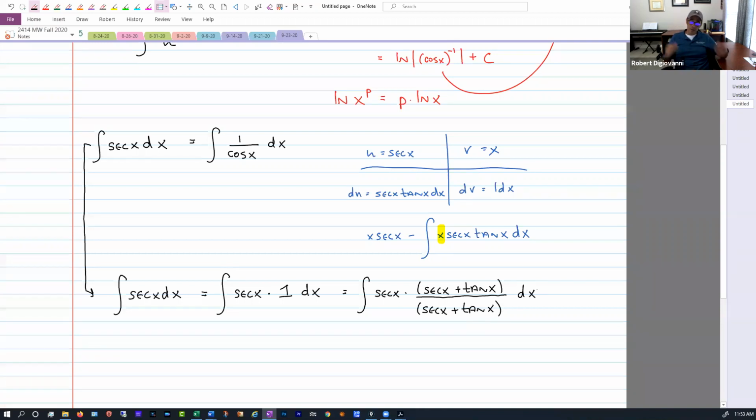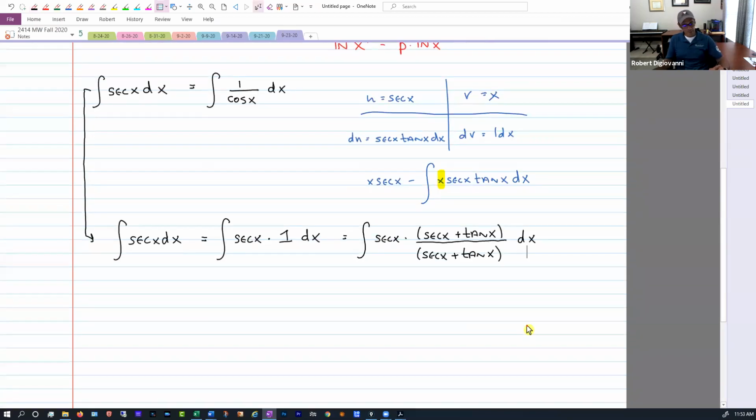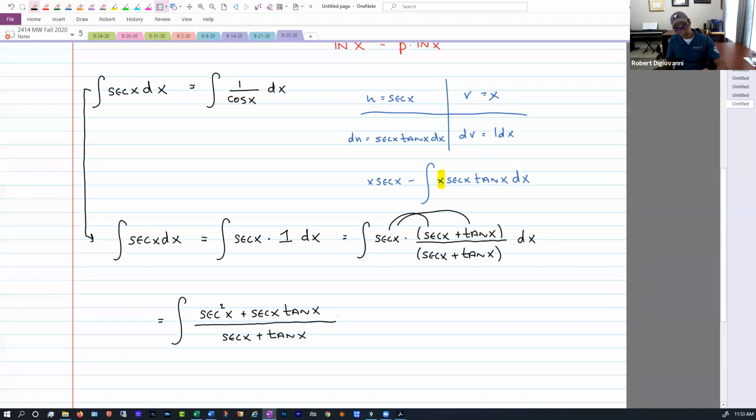Now why in the world is that a good thing? Let's distribute the secant through the top. And you're going to look at that and think, how is that better than what we started with, right?